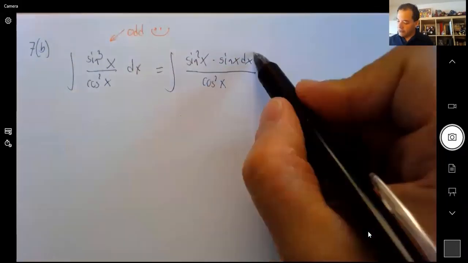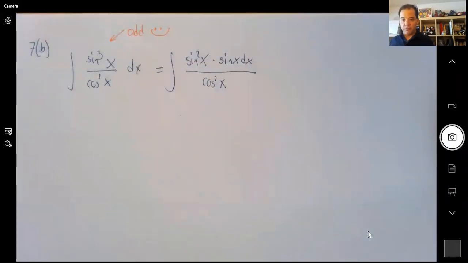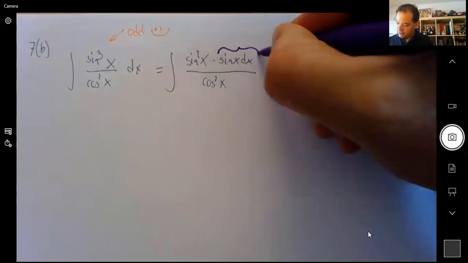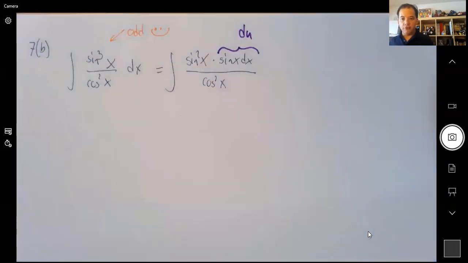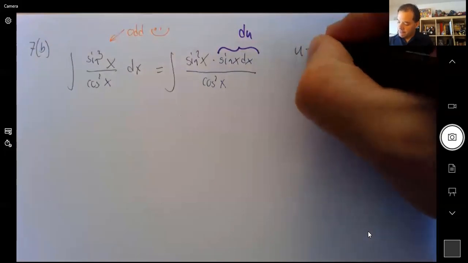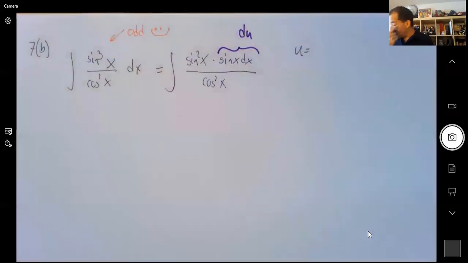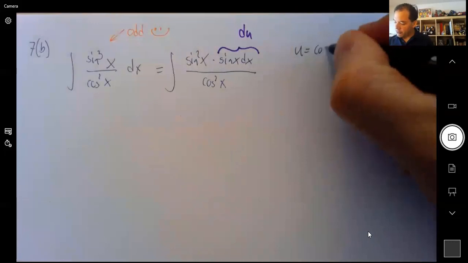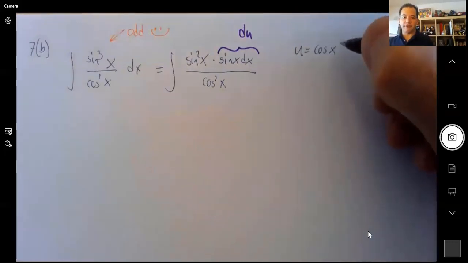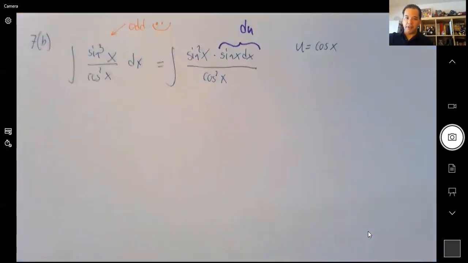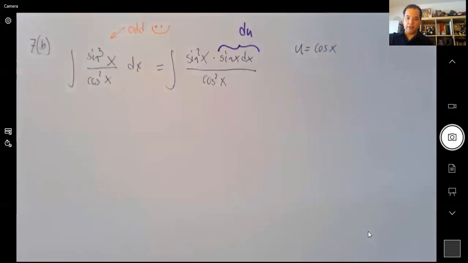And you want this to be your du. So you want this part to be du. And that suggests to you what the u should be. So the u should be, in this case, well, negative cosine, but let's just make it cosine. So cosine x, there's no reason to carry around the negative sign. This makes it more complicated.